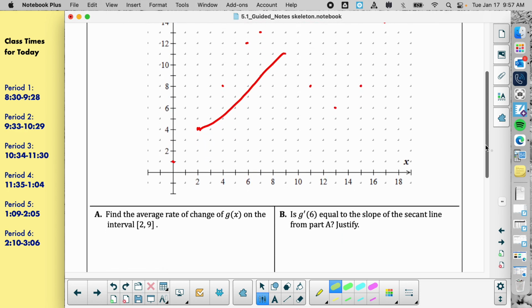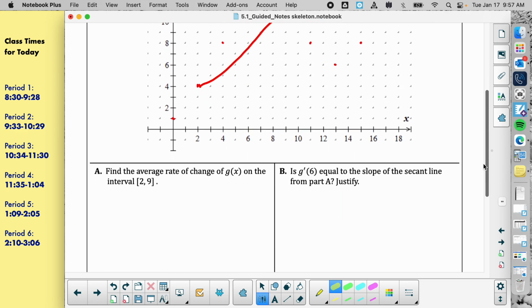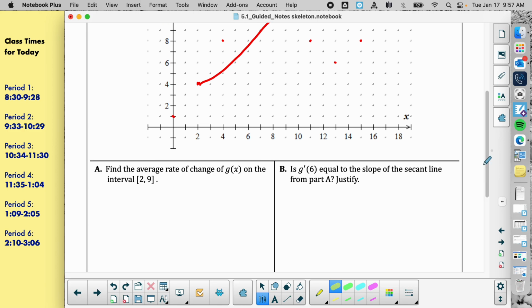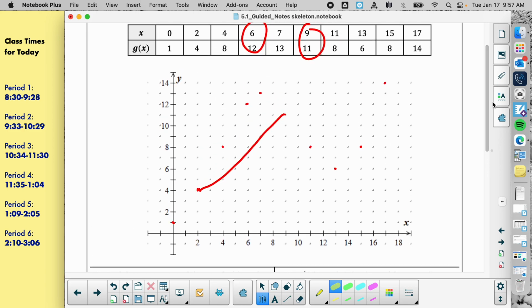We can't determine it. G prime of 6 has to be determined. Wouldn't the easiest answer just be I don't know? You just draw the tangent line. Is it 3/2? We don't know what the derivative is, we don't have enough.